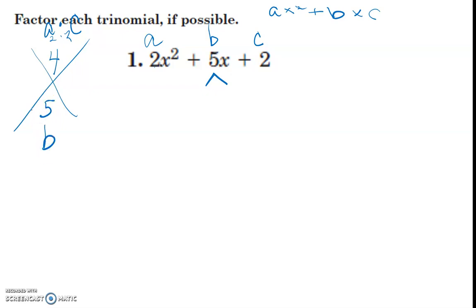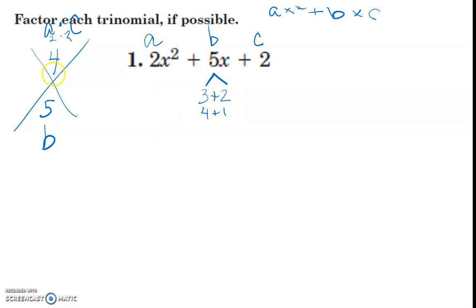And so to figure out what 2 numbers did I multiply together that added together to give me the 5. So the idea here is what 2 numbers multiplied together give me 4, but when I add them together, give me 5. Now remember, I made the comment about how this could be a 3 and a 2, or a 4 and a 1.